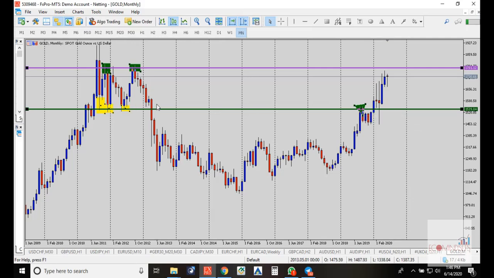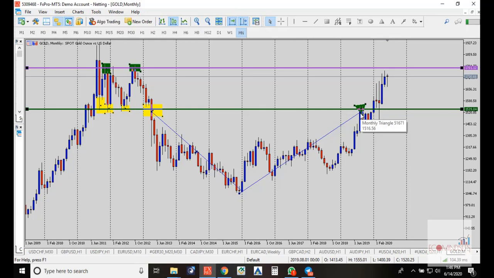Why? Because over here price broke through the support line over here, and closed below this. So this support was breached, and after the support was breached, what happened? Market moved down here and then went back up to that level.